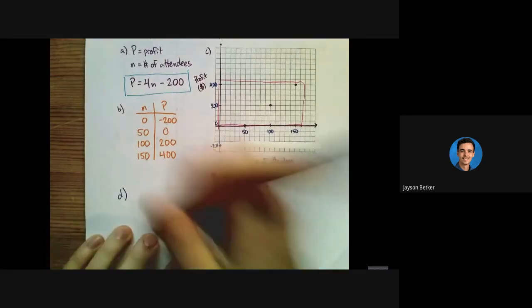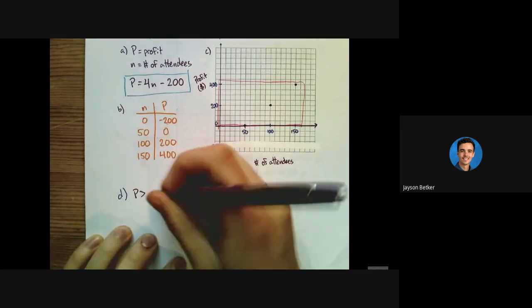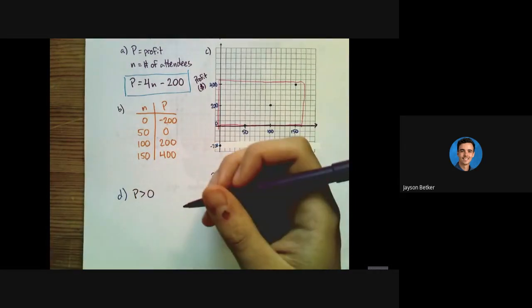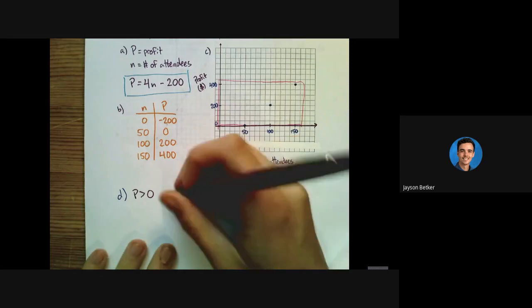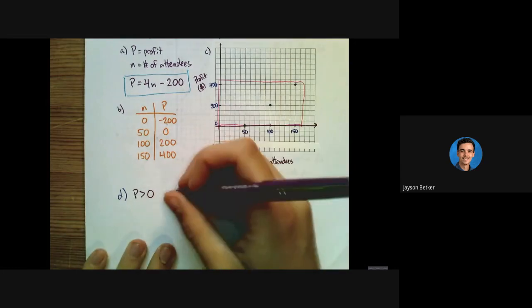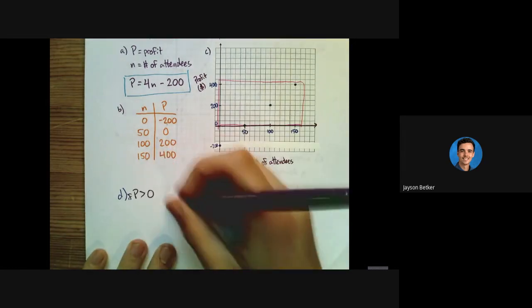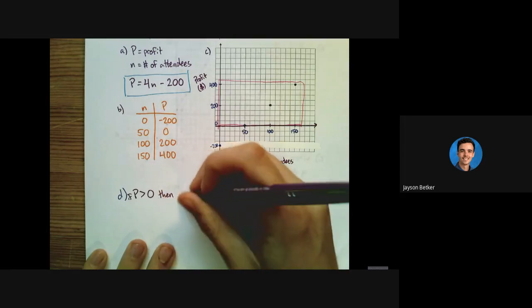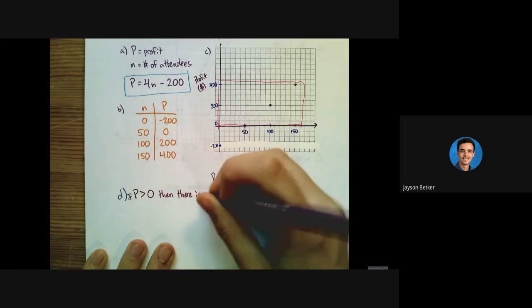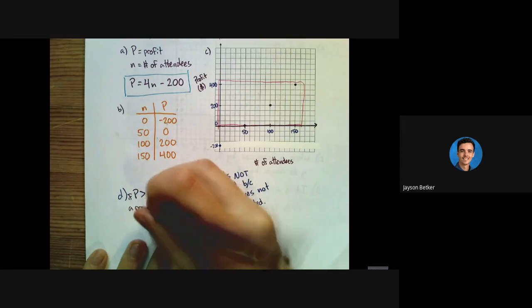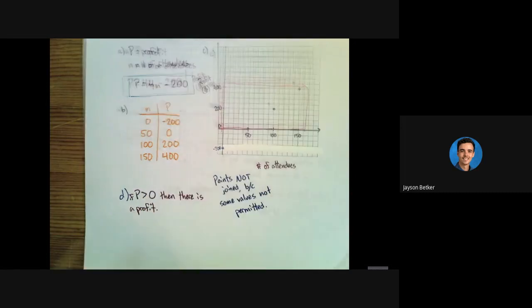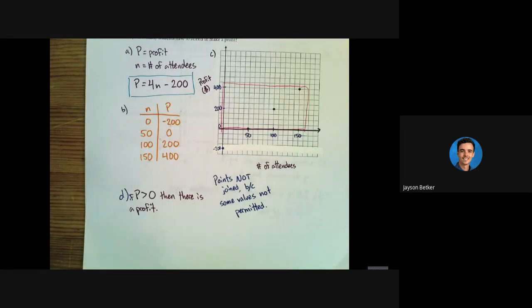So our p-value has to be greater than 0. So let's say if p is greater than 0, then there is a profit. What is the smallest value of n that we could have that would make p greater than 0?